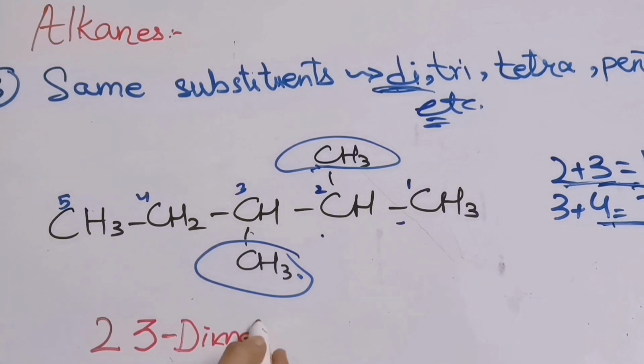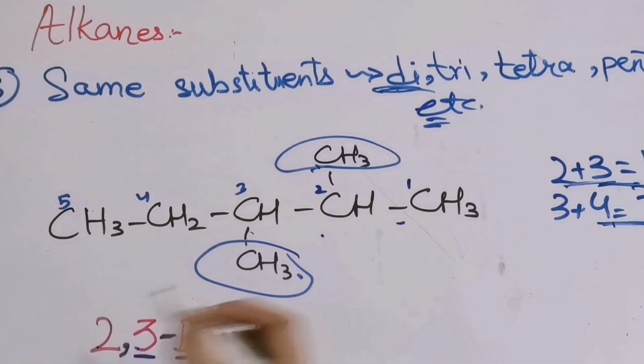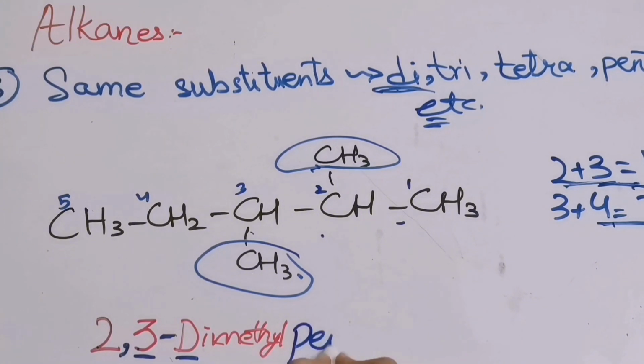Methyl. Okay, as I already told you that between the number and the alphabet hyphen will be used, but between the two numbers we will use comma. So 2, 3 dimethyl. What is the name of the parent compound? Pentane. So this will be the name of this compound.